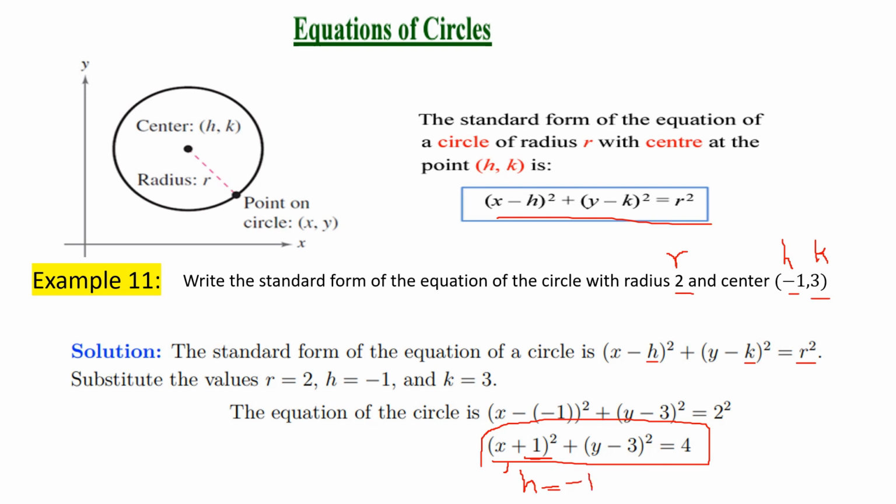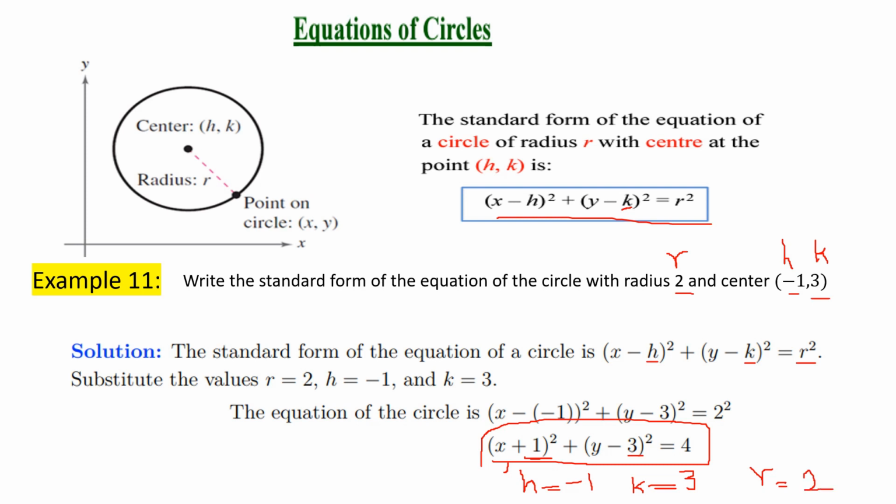And when you compare the place of k, I have 3, so k equals 3. This is the same as y minus, and here also y minus, so k must be positive. And to find the radius, you need to take the root of the value. So what is the square root of 4? It is 2.